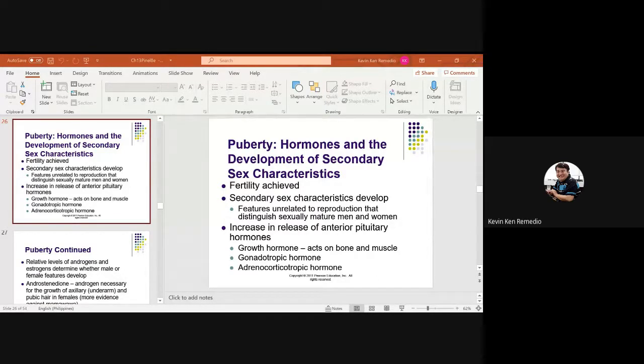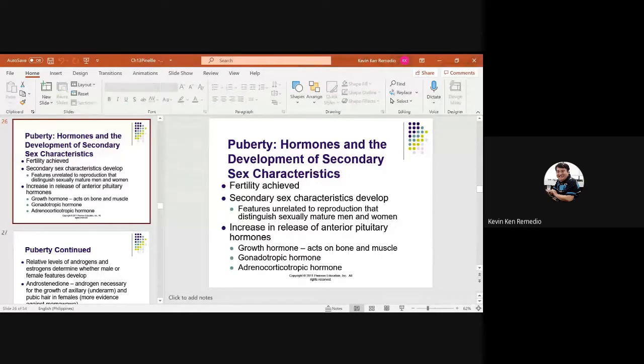Meaning if the girl or if the woman, okay, would engage in a sexual intercourse, pwede na siya mamabdos kung fertile na. Okay? So, it is during puberty class wherein the secondary sex characteristics also develop.